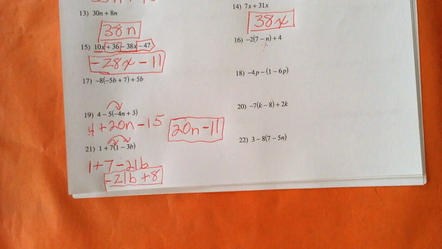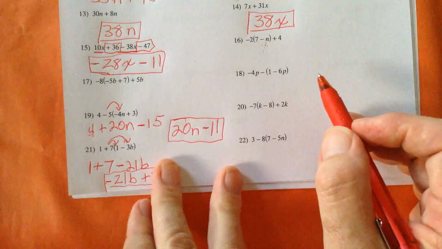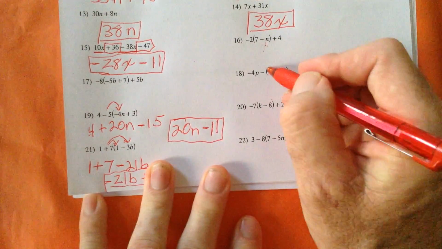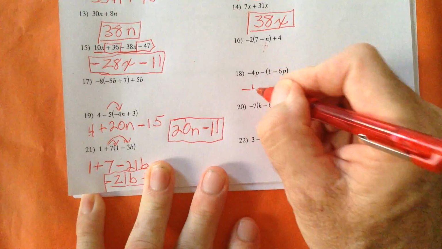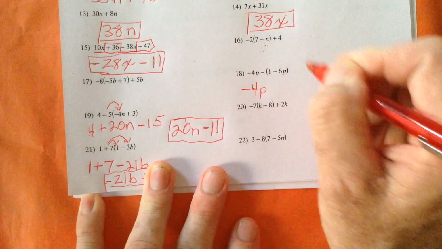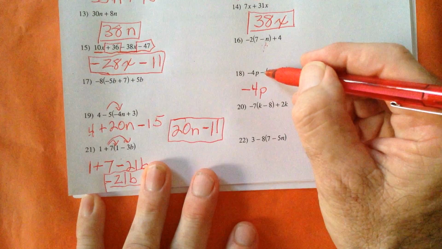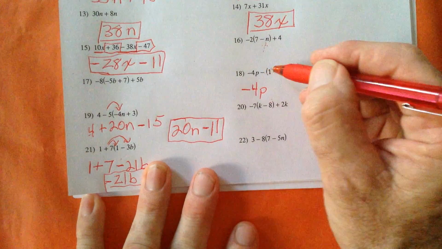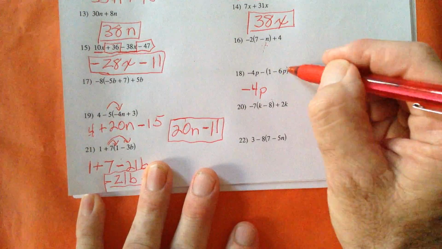Okay, some other examples. Let's do this one here, number 18: negative 4p minus (1 minus 6p).